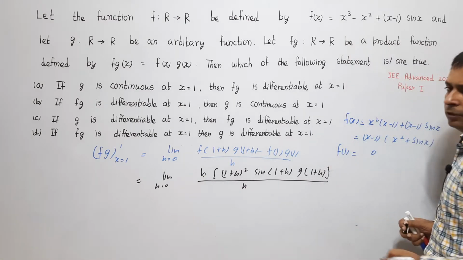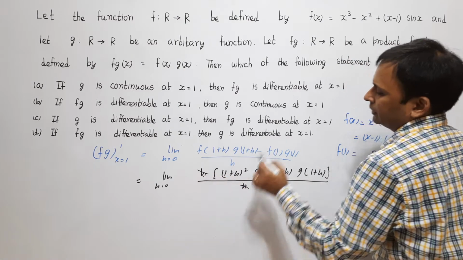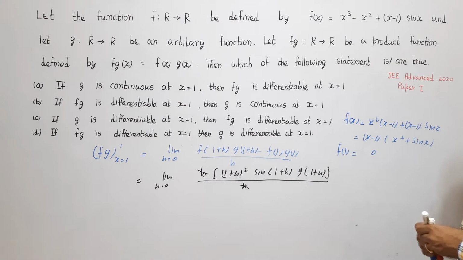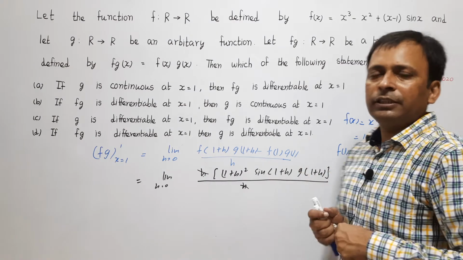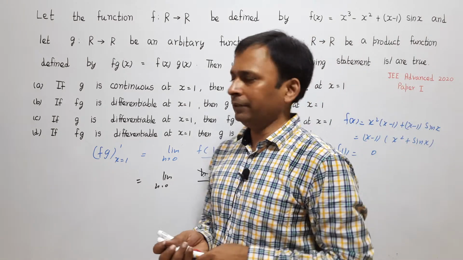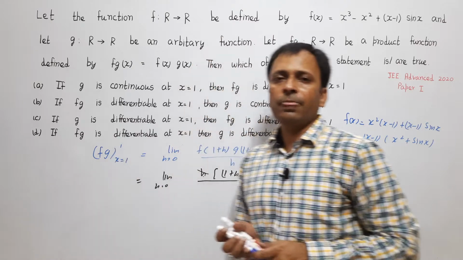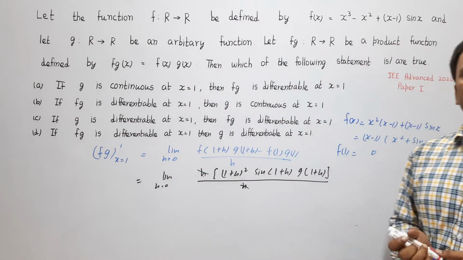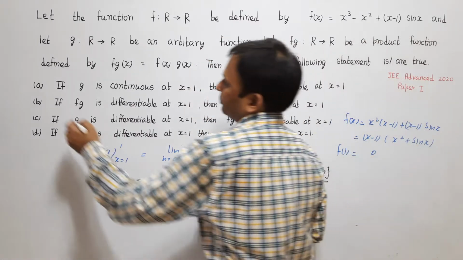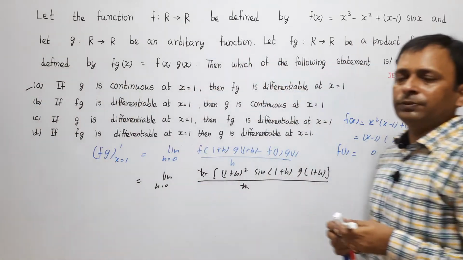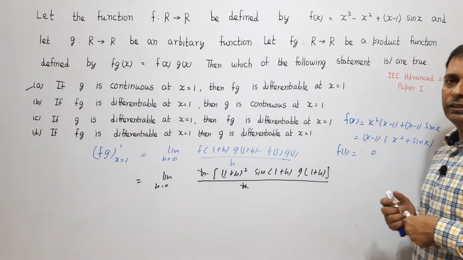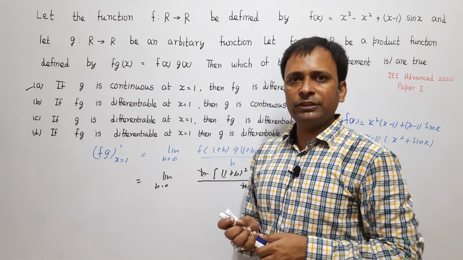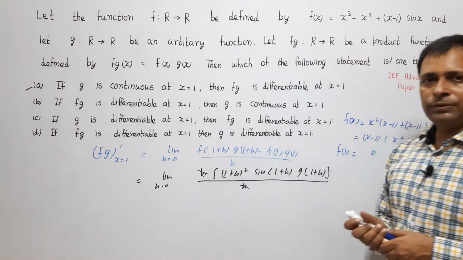Now you can see that this h gets cancelled out, as a result of which this particular thing will give you some finite value. That means the function f into g is differentiable at x equal to 1, and so the first option is correct, because this is what they are asking. So option 1 is correct.